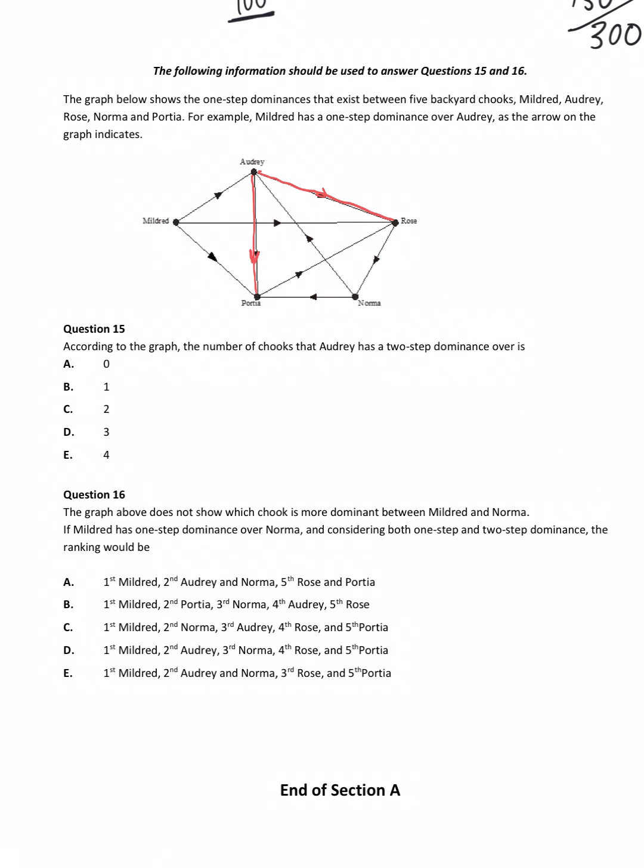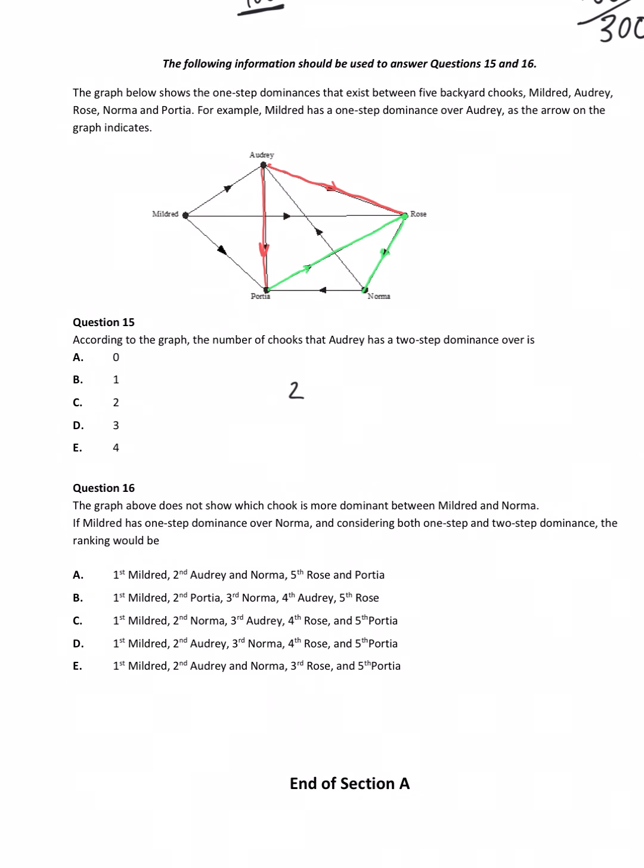The two-step dominance means that of the people Audrey beats, they go on to beat someone else. If you look at Rose, the only other person that Rose beats is Norma. And if we look at Portia, the only other person that Portia beats is Rose. So the number of two-step wins that Audrey has is just that 2. So the answer will be C.